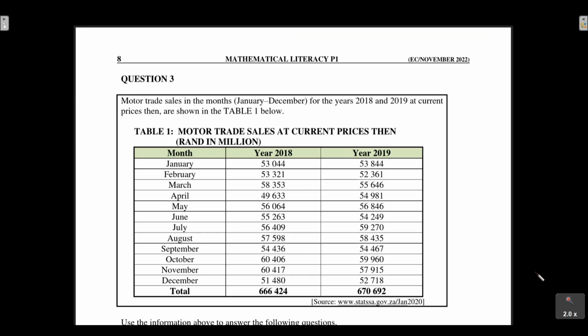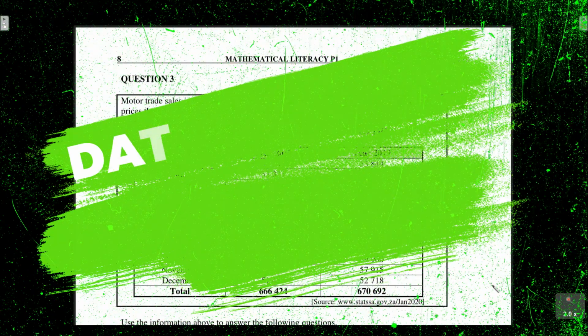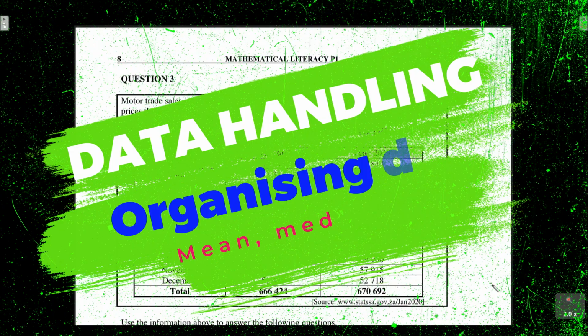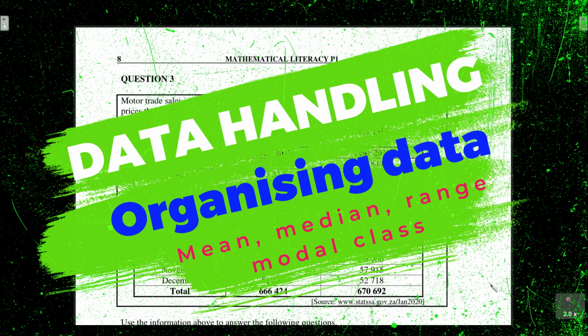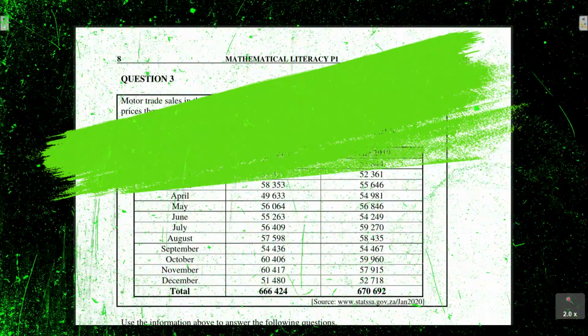So in this video tutorial, guys, we're going to be having a look at question 3, and question 3 basically deals with data handling. Okay, so we're going to be calculating the mean, we're going to be determining the median, we're going to be calculating the range, right? And we're also going to be interpreting the information that is basically given to us in the table below.